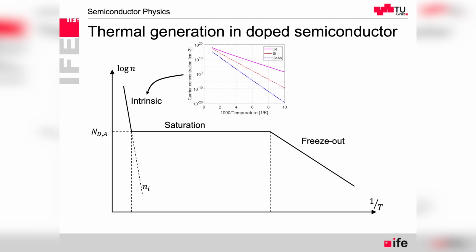So we call this region saturation, and this is between the two temperatures shown with the dotted line. It would ideally be our operating temperature, where we say, okay, in this temperature range, I'm controlling the conductivity, and I know what it is. And no matter how the temperature changes, still in the log scale, I can estimate what the conductivity is.